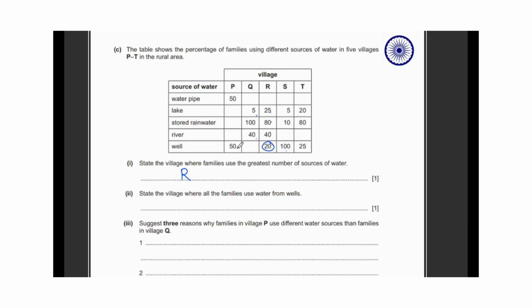Well is used by this, this and this. So Q is not using. You can see here 50, here 20, 100 and 25. So which one is using 100%? It is S. So that's the answer. Easy point.